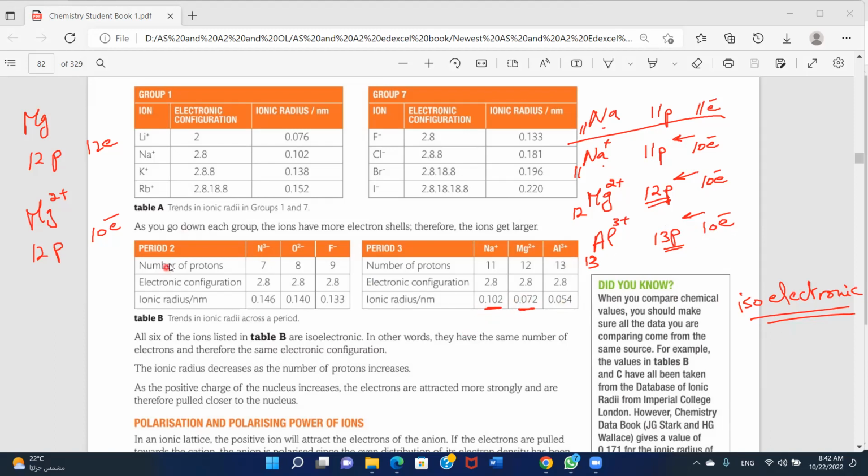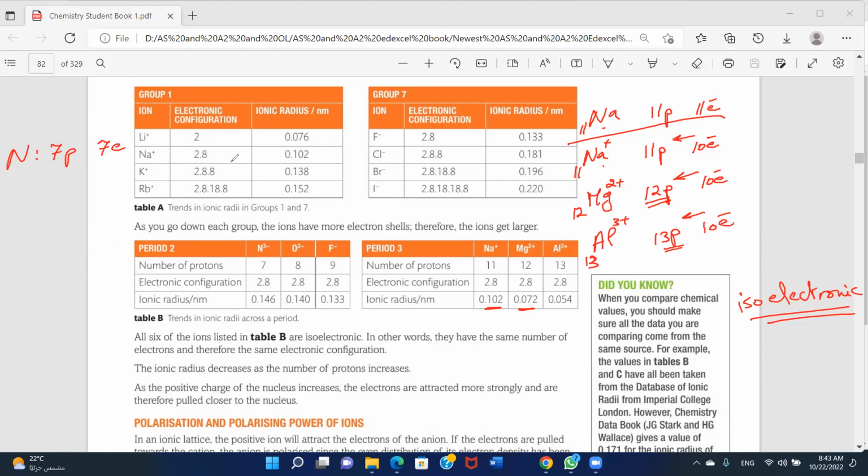If we compare the negative ions in case of period 2, nitride, oxide, and fluoride, we'll find the same happens. In case of nitrogen, we have 7 protons and 7 electrons.